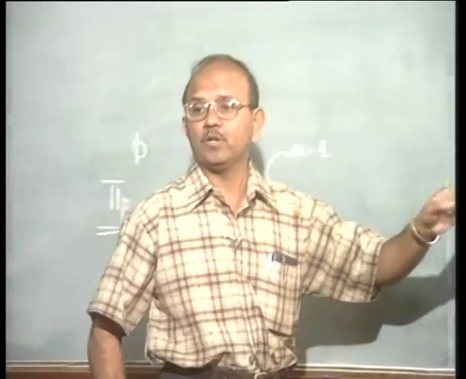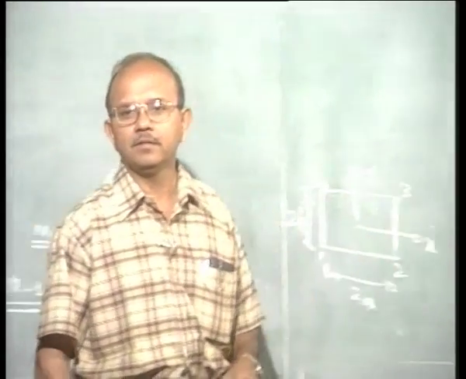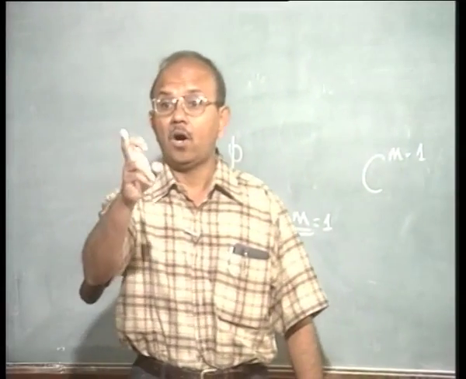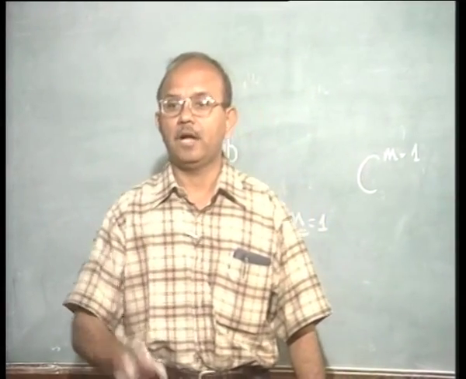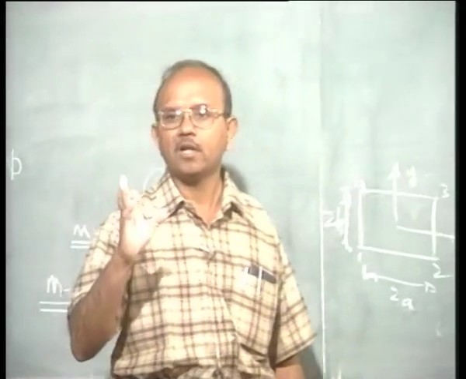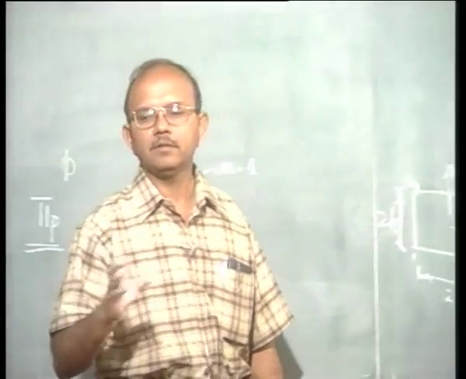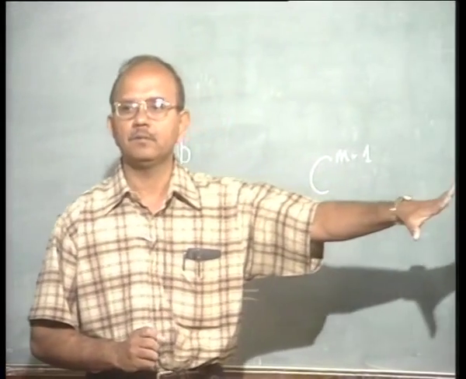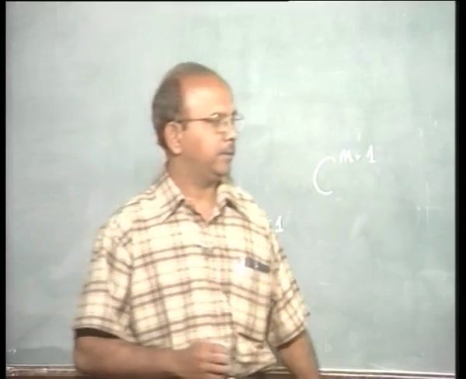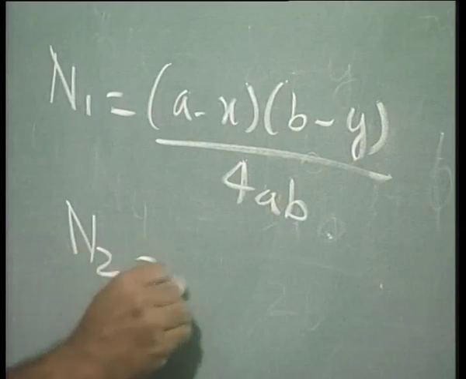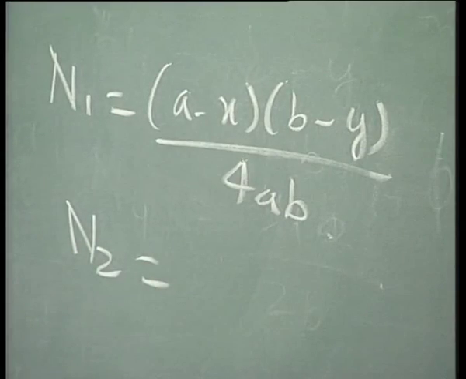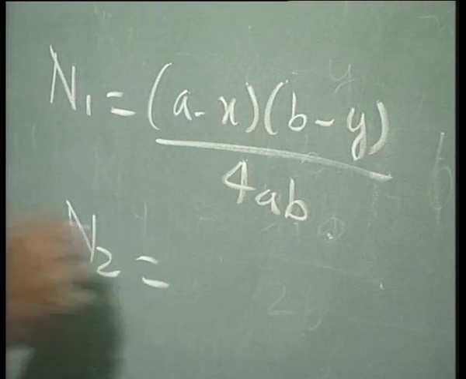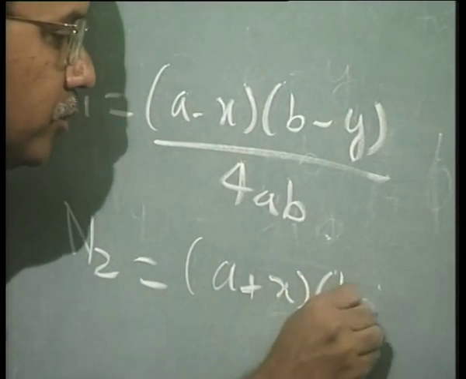What is the other check that you can do at this stage for the shape function? It should become 0 at all other nodes. Does it become 0? Yeah, straight away it becomes 0, right. Okay. Now what is n2? No, (a plus x) into (b minus y), correct. That's why I am telling you these clues.